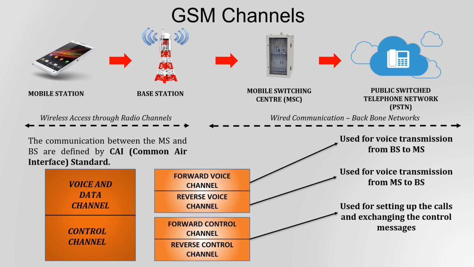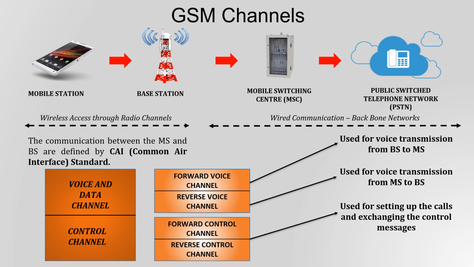My forward voice channel is responsible for transmitting the signal from base station to mobile station, whereas the reverse voice channel takes the information from mobile station to base station, just the opposite. These two channels act together to make my channel full duplex.